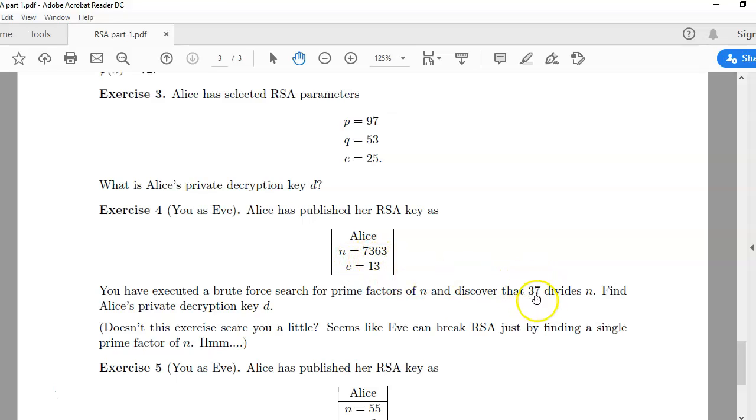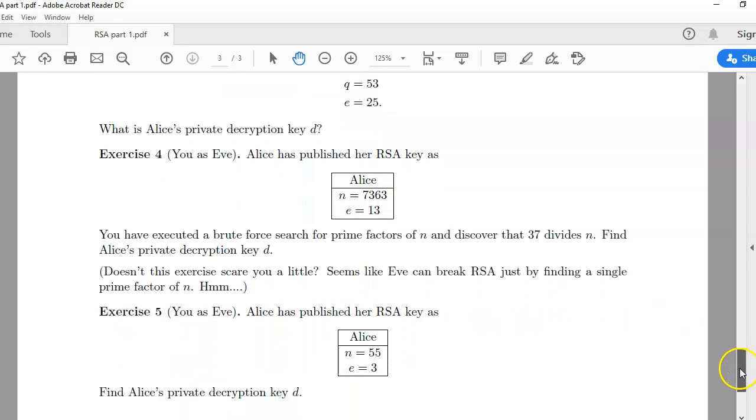Use the fact that 37 is a factor of n to, unfortunately, recover Alice's private decryption key. And the question is, does that scare you a little bit? Because now Eve can get that private key from this public information. All she had to do was find a single prime factor of her public modulus. Just think about that a bit. We'll get into that later.